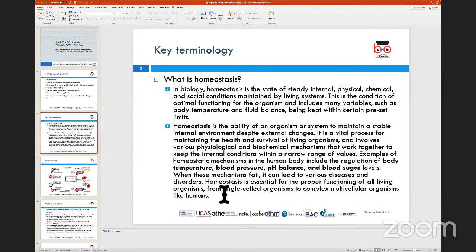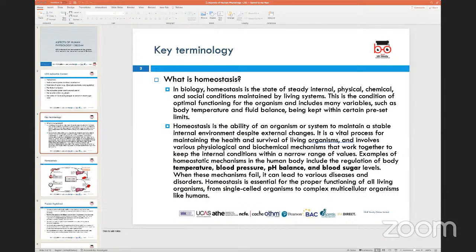So let's look at understanding, first of all, what is homeostasis. When we talk about homeostasis, as I mentioned, this is a fundamental concept in biology. This refers to the process through which the body self-regulates its systems by managing the concentration of different parameters in the body.